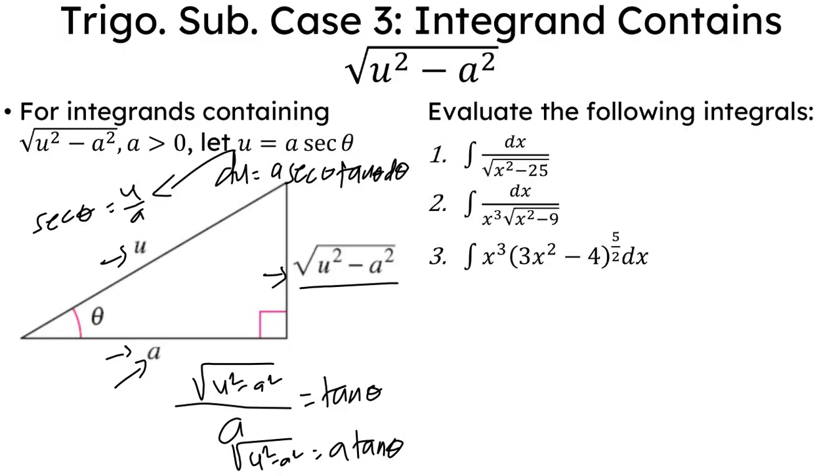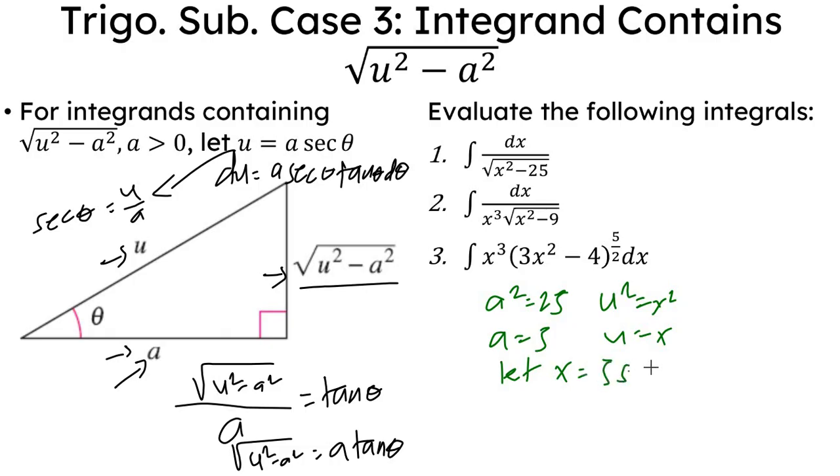So let's try to work on number 1 here. It's almost the same procedure. We identify first a squared is equal to 25, so a equals 5. Then we identify u squared as x squared, so u is equal to x. From here, we can now let x be equal to 5 secant theta.